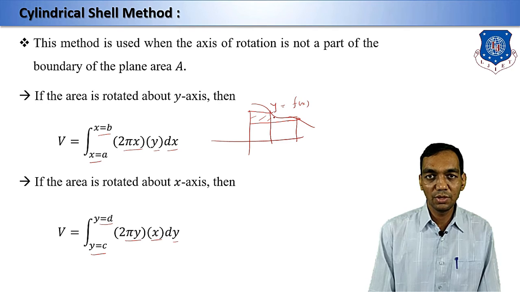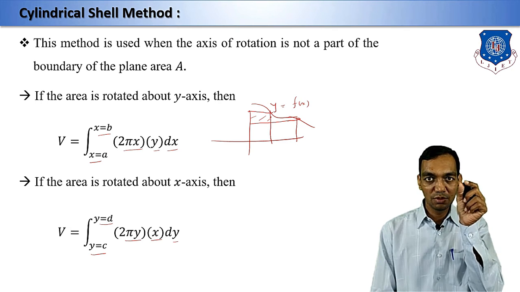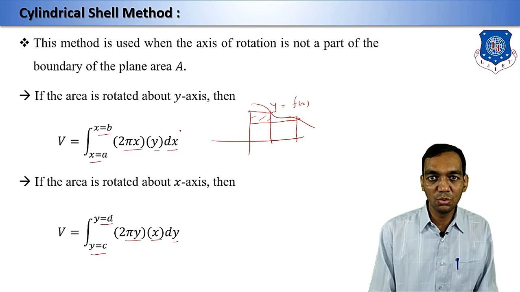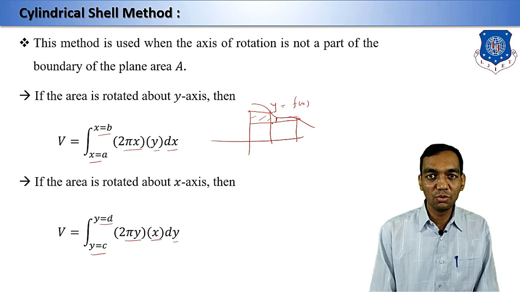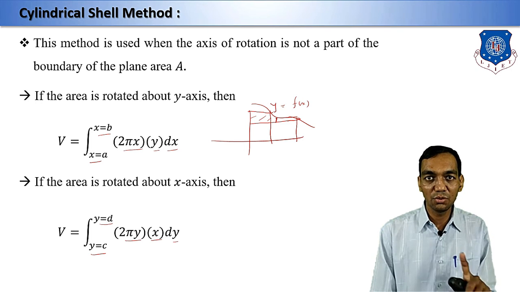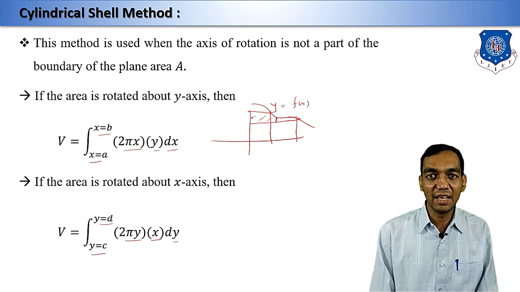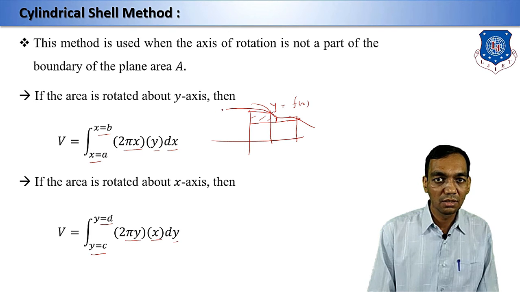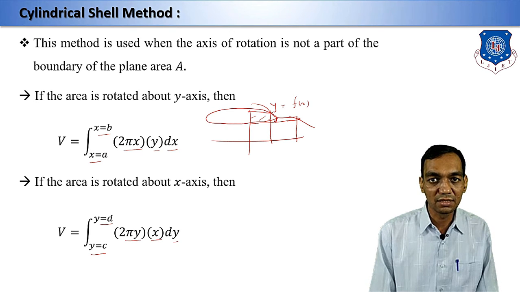That means now what we are going to do, we are going to use one strip parallel to the y-axis, because you are rotating about the y-axis. Correct? And since you are rotating about the y-axis, you have to take one strip parallel to the y-axis, and now you are going to rotate it about the y-axis.